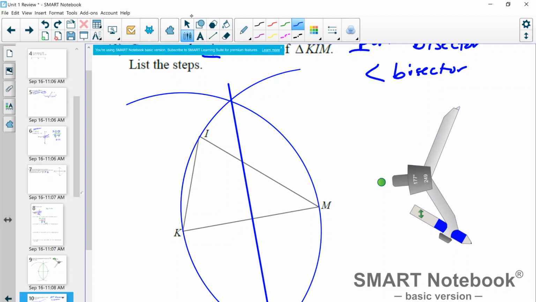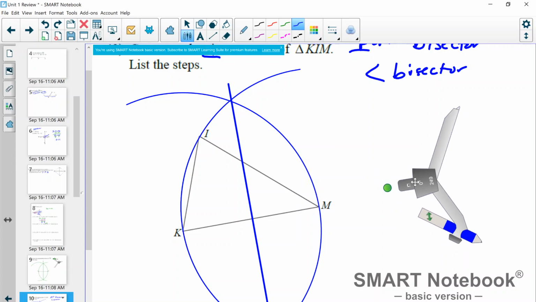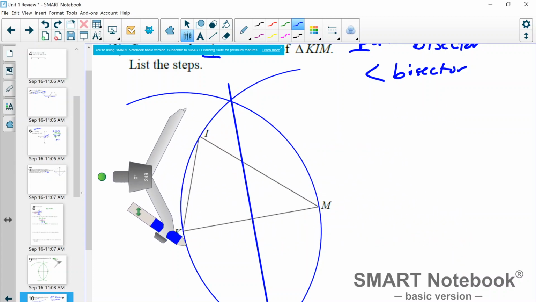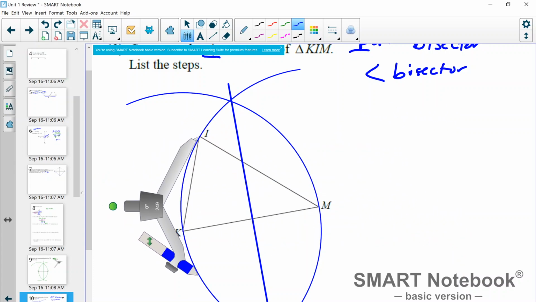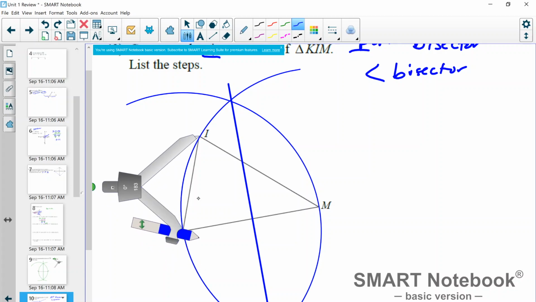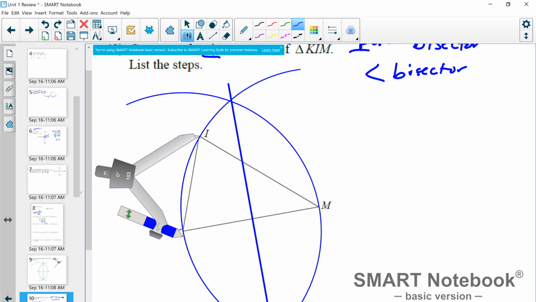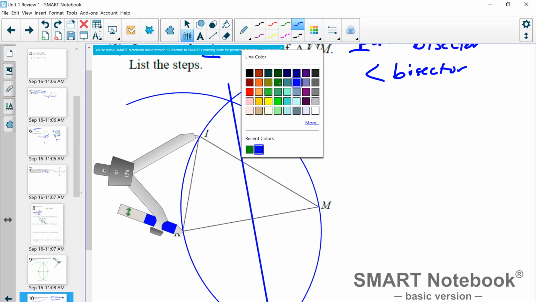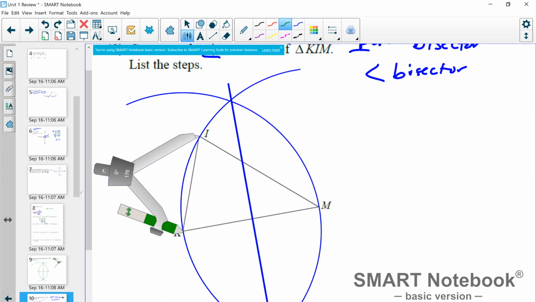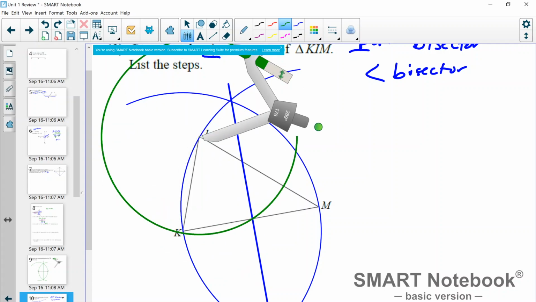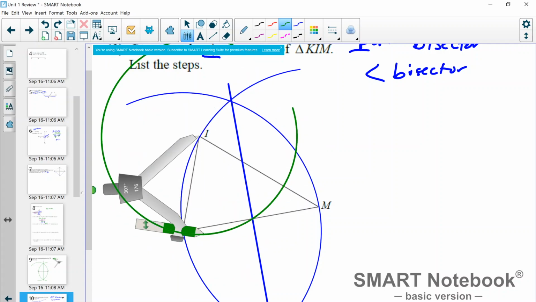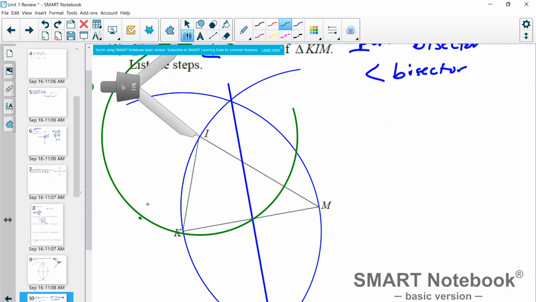Now I need to pick one of the other sides, either K to I or I to M. I will use side IK. So same thing as before, bullseye on one point and pencil goes on the other. And once you're happy with where your pencil and endpoint are, I'll use a different color on this one. You draw a swoop, and then you'll swap it.